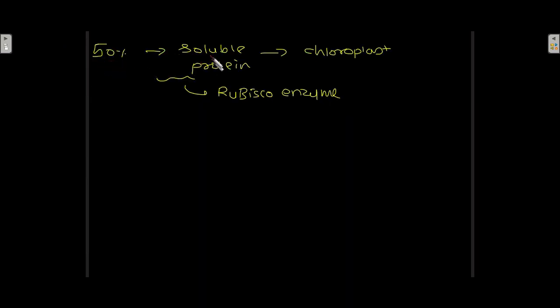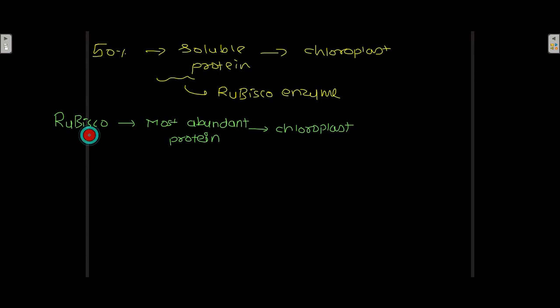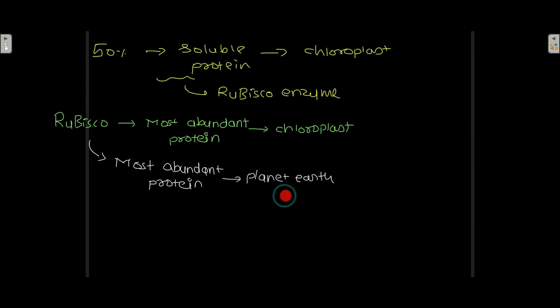And because of this, the RuBisco enzyme is the most abundant protein in the chloroplast. RuBisco enzyme is also the most abundant protein on planet Earth.